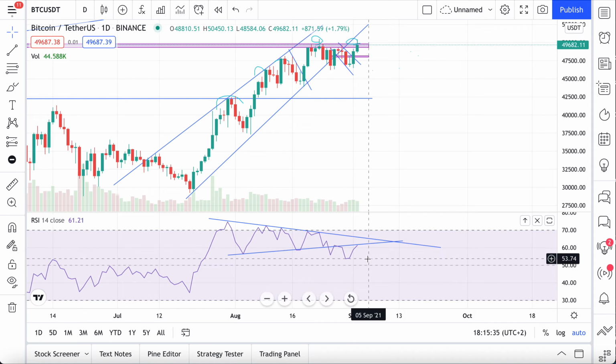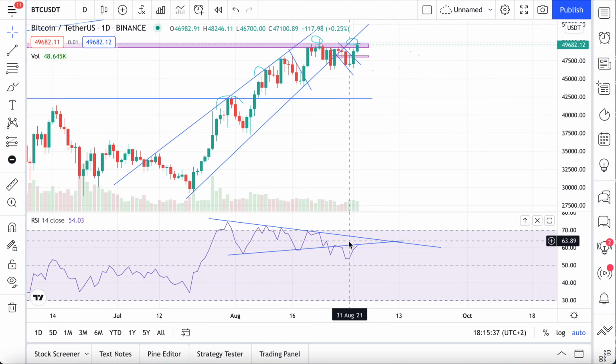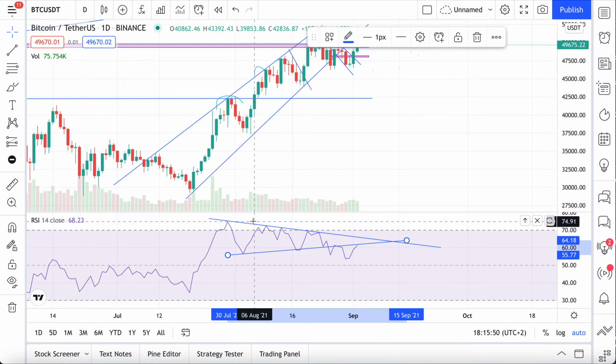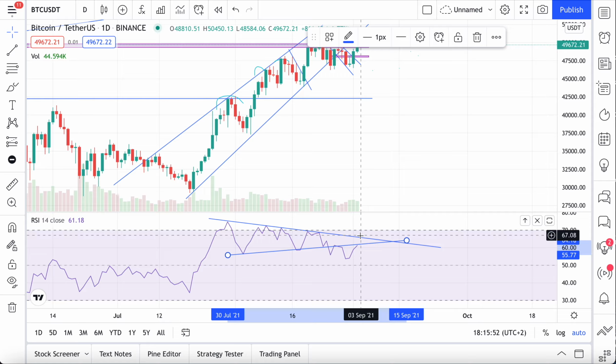The break below it could be even worse. If we break back into the channel, Bitcoin doesn't have so much time to decide where it wants to go. So probably we can break up out of this triangle in RSI and turn absolutely bullish.